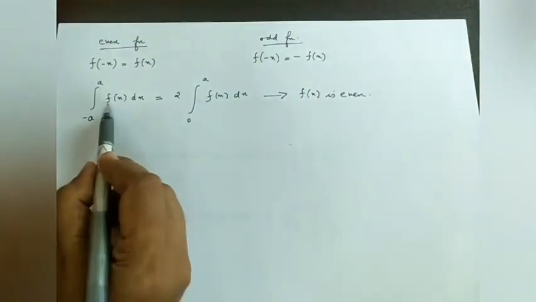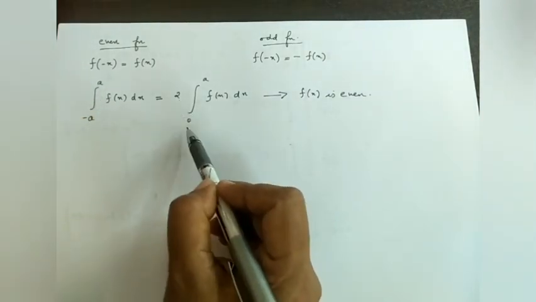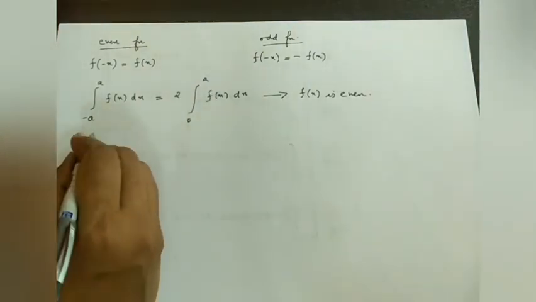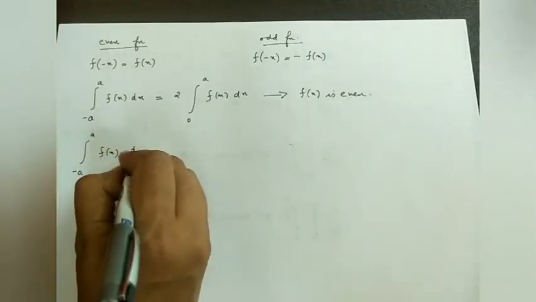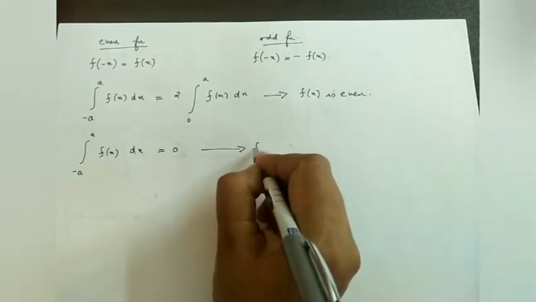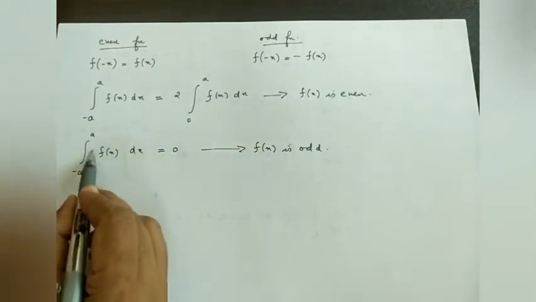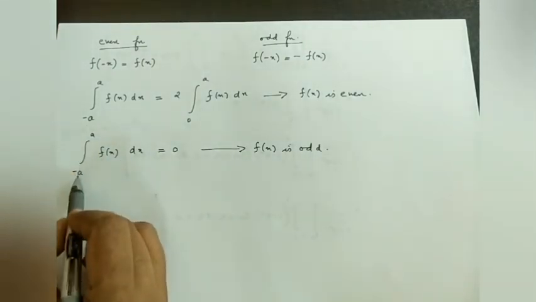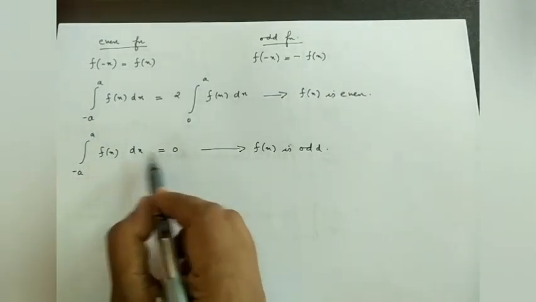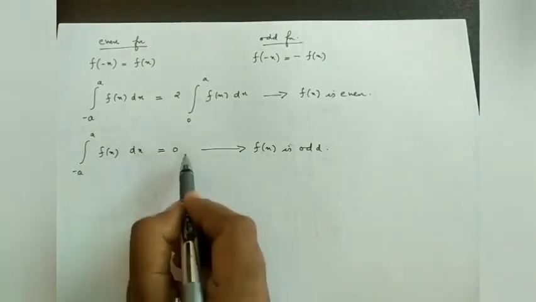Whenever the function f of x is even, the minus to plus integral value can be written as 2 into 0 to a, f of x dx, and integral from minus a to a of f of x dx becomes equal to 0 whenever the function f of x is odd. If we can identify that the function f of x in the interval minus a to a is an odd function, then we can directly write the value of the integral as 0.